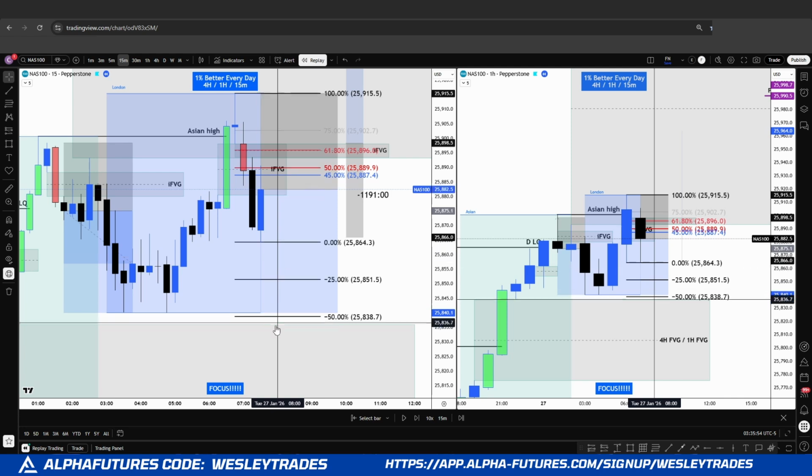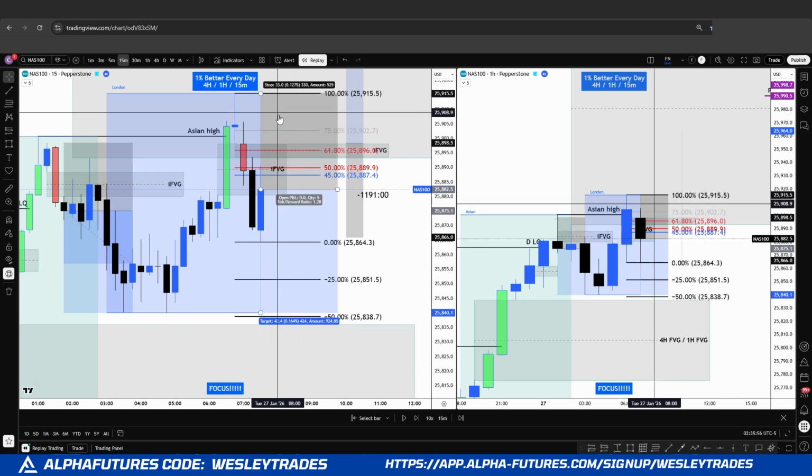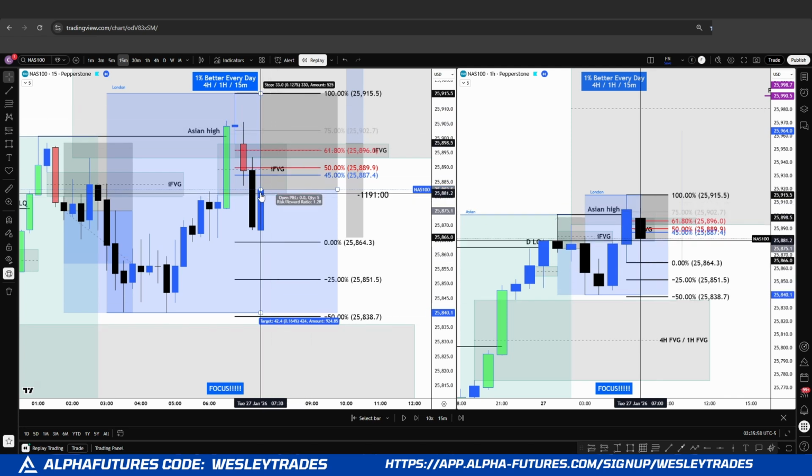I can't remember if I entered here or here. It was around this area here after that candle closed.